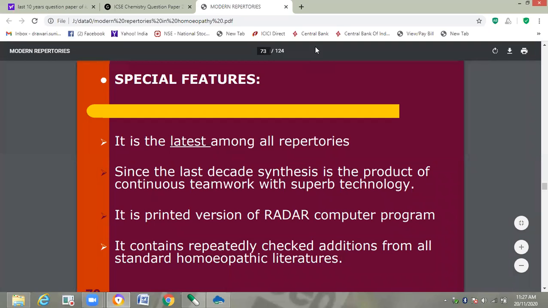About 133 remedy additions are made from different authors, referring to about 392 authors' literature. Dr. Frederick Schroyens added about 133 remedies in this 8th version.